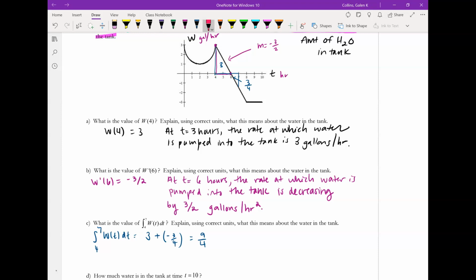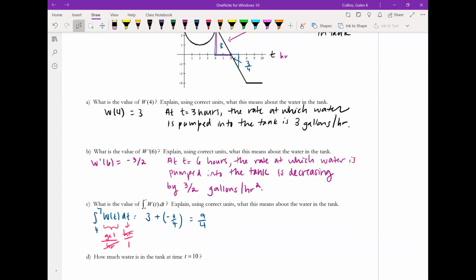So if W of T is measured in gallons per hour, and time is measured in hours, then when we compute that definite integral, our units are going to be gallons.